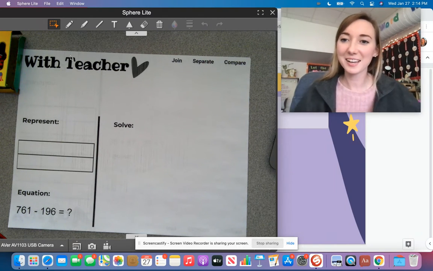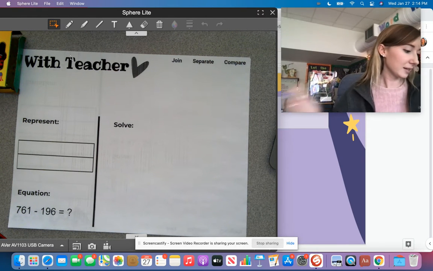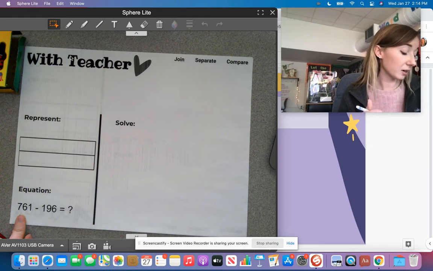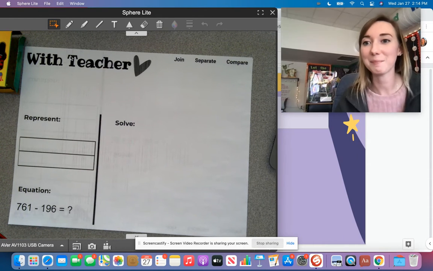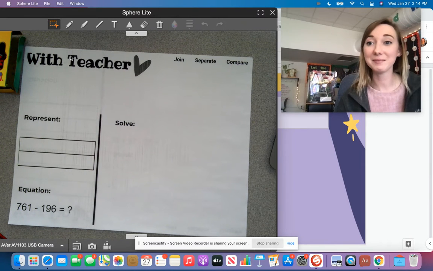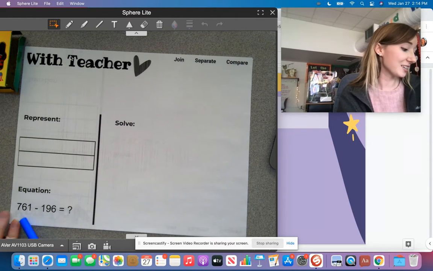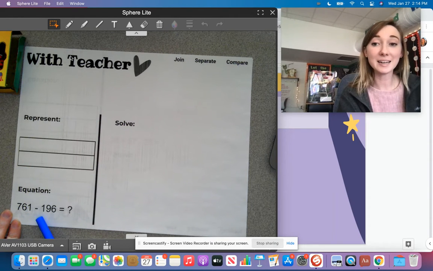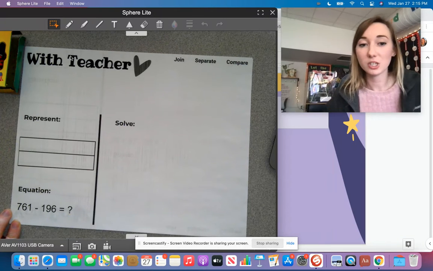So I think I might include Nemo Magoo in my word problem today. So let's look. My equation says 761 minus 196 equals question mark, okay?